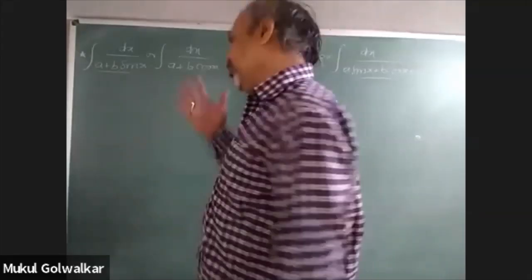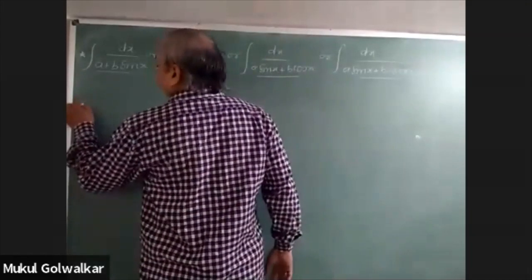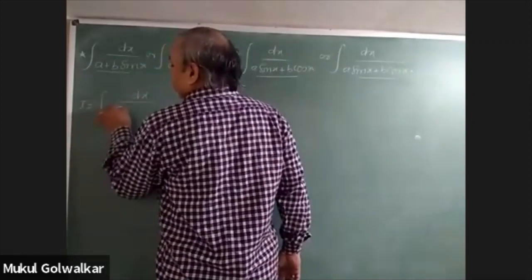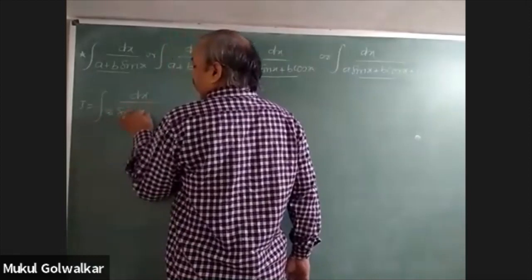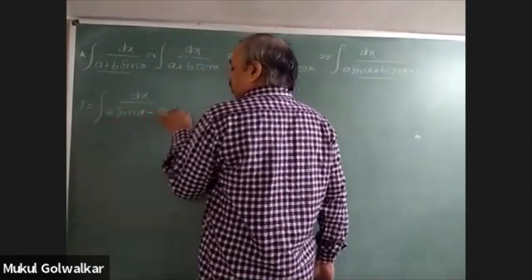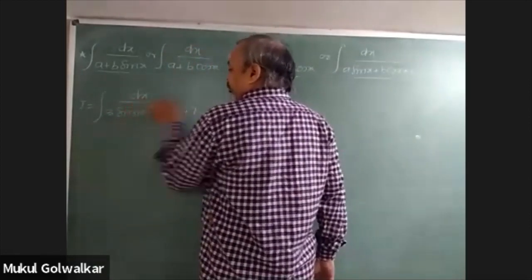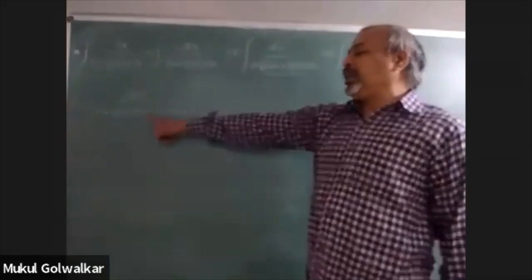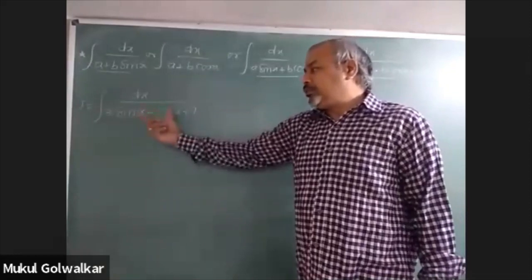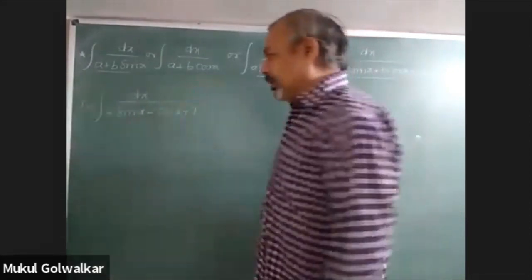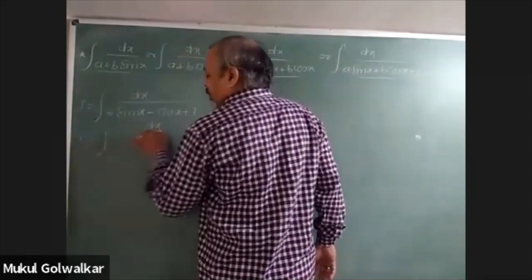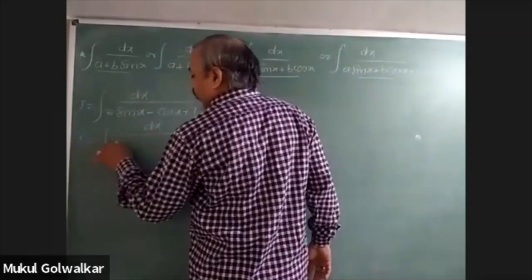Yes, sir. One for example. Okay, take it. Suppose I write dx upon 3 sin x minus cos x plus 7. As I said, when we integrate this type of function, the substitutions for sin x and cos x have to be written. So I am putting the value of both sin x as well as cos x.